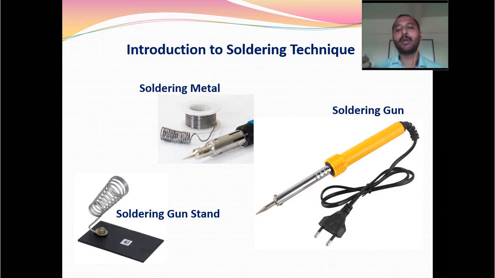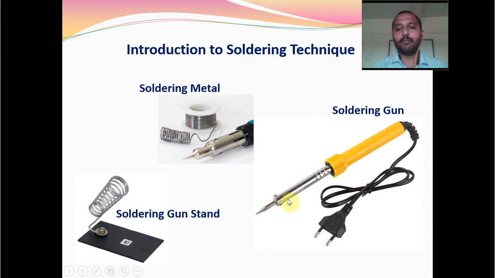When you connect these 2 pins into the mains power supply, the electricity will flow through the coil. The coil acts as a resistance and generates heat when the electricity flows through it, and because of that this soldering iron tip gets hot.